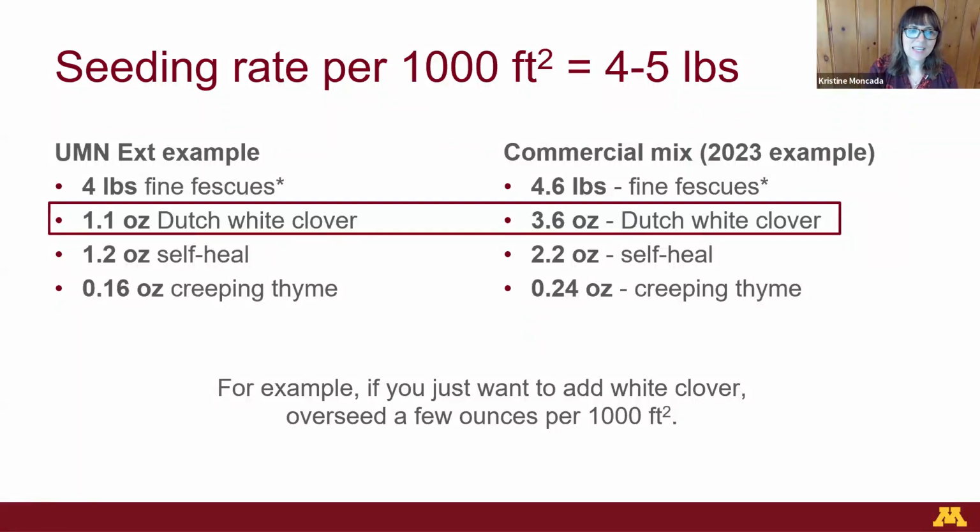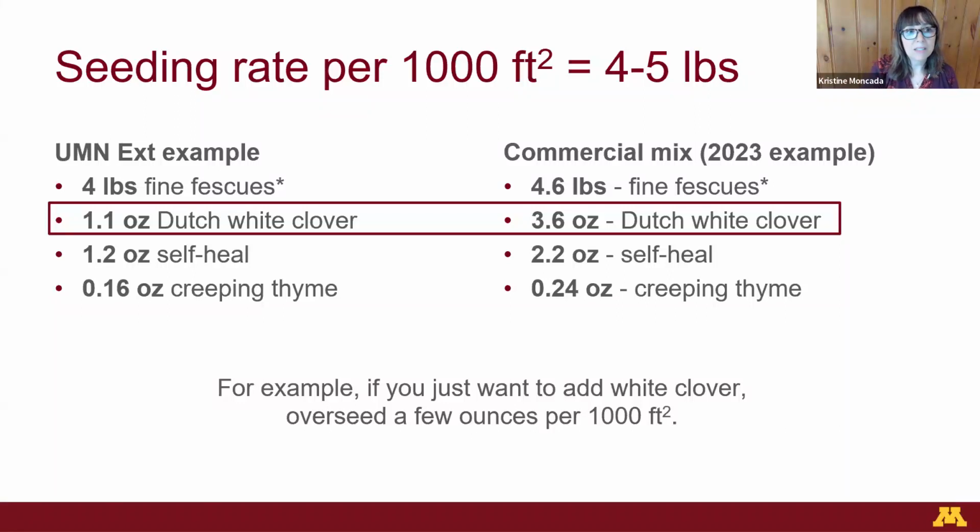So for white clover, you would plant like 1 to 3 or 4 ounces per 1,000 square feet. Whether you go to the higher or the lower end of that range just depends on how much instant gratification you would like, and also what density of white clover you would like. So obviously, if you plant more, you're going to have a higher proportion of white clover.